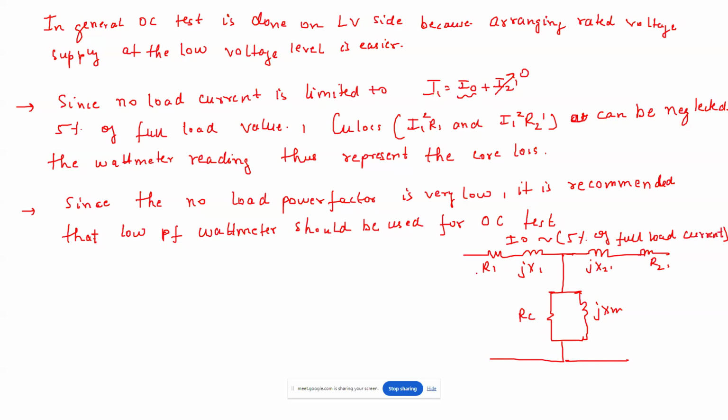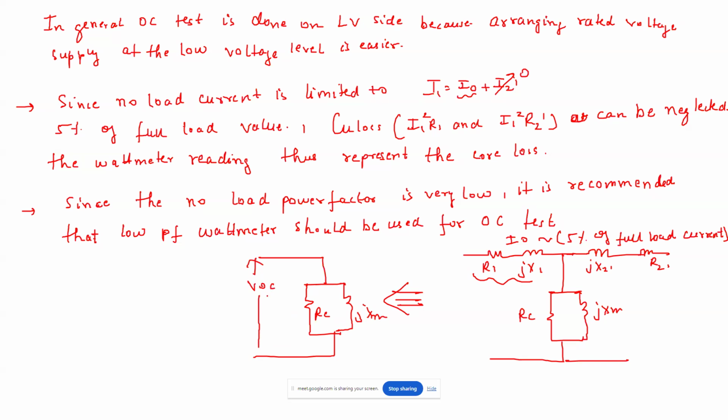Even in industries, people consider this when doing the open circuit test. So they consider that the drop I0 into R1 plus jX1 can be neglected. So basically, neglecting this drop, you have VOC rated, you have I0, and you get POC, which represents the core loss.